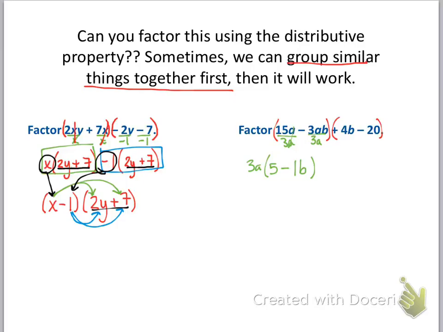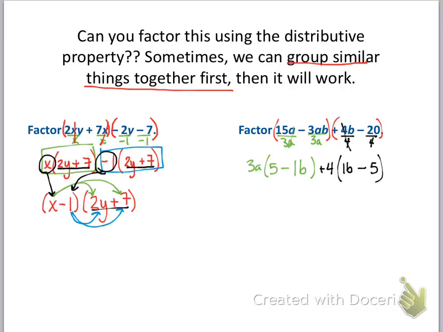And then on this side, I can factor out a 4. And since it's a positive, I write plus 4. 4 divided by 4 disappears. That's 1b. Negative 20 divided by 4, negative 5.